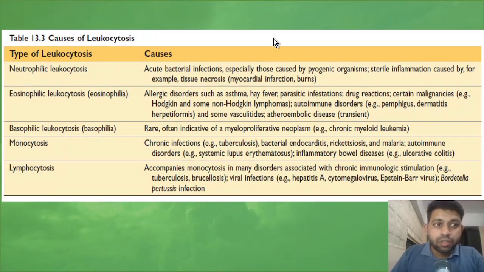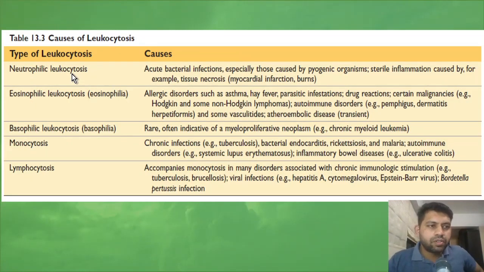What are the causes of leukocytosis? Neutrophilic leukocytosis is probably the most common leukocytosis out there, and the most common cause is bacterial infections. There are other causes like burns, MI, and other injury to tissues.